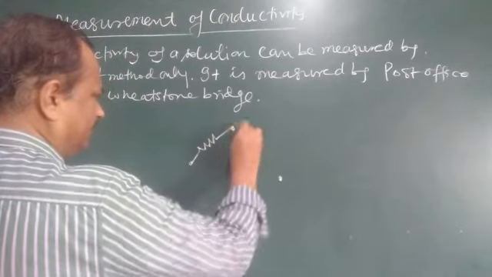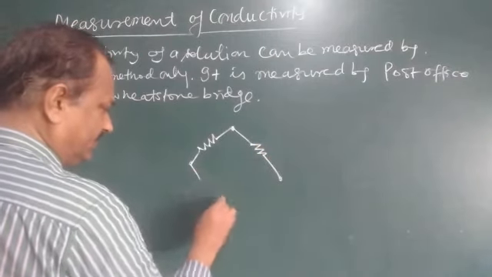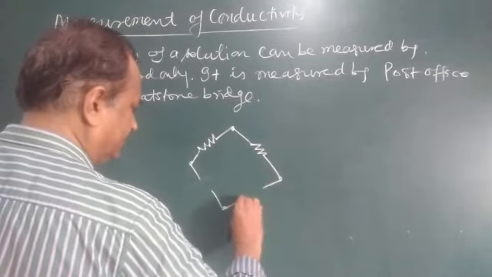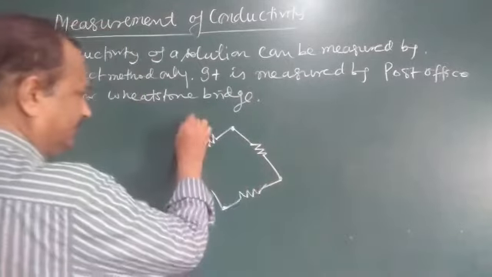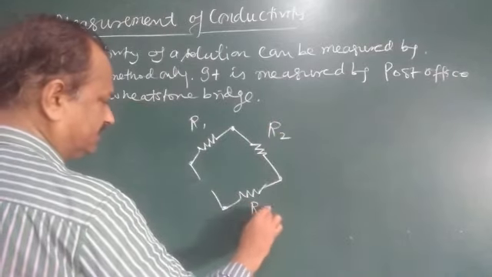Here we have the resistances, and the three resistances are known. Let it be R1, this will be R2, this is R3.